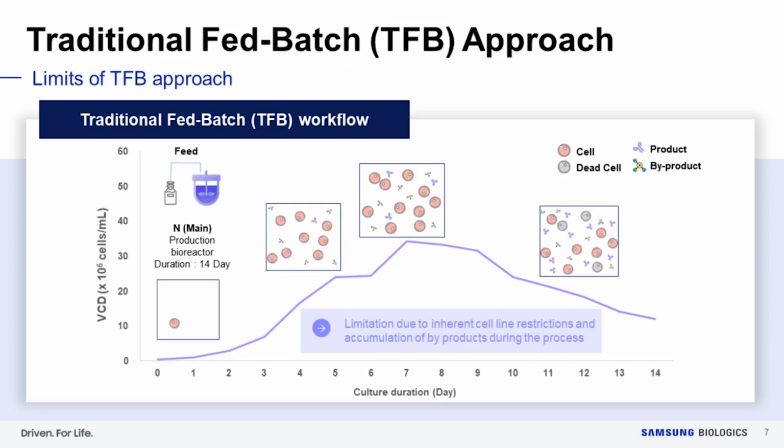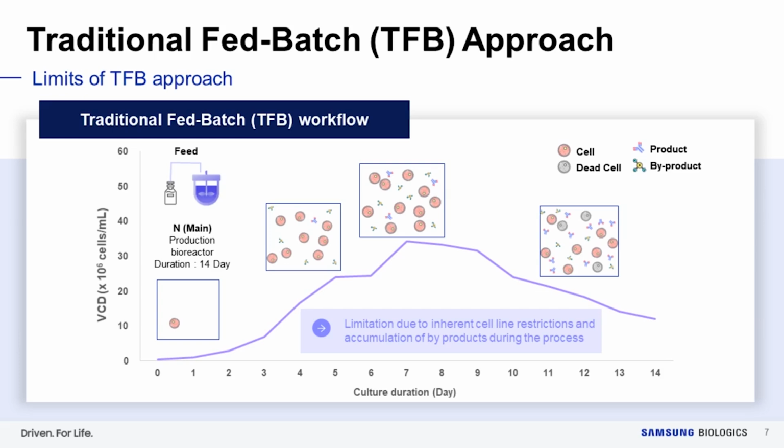However, as we scale up production using traditional fed batch approaches, several limitations become evident. The accumulation of metabolic waste and the depletion of critical nutrients in the bioreactor can create toxic conditions that stress the cells, reducing their viability and productivity. Additionally, these suboptimal conditions can lead to a decline in product quality, which is unacceptable for biopharmaceutical applications.